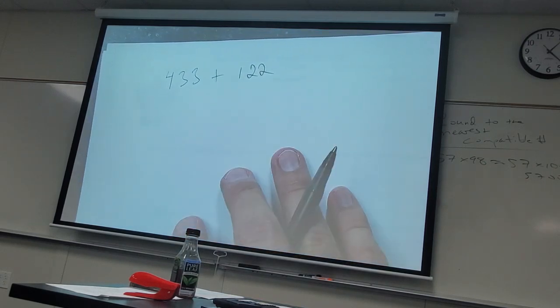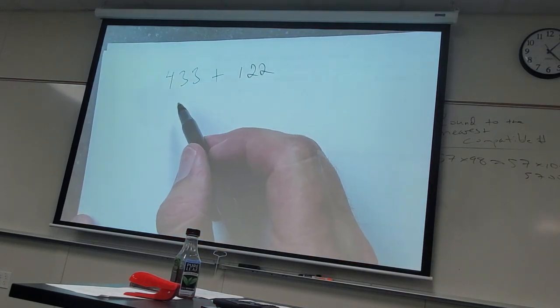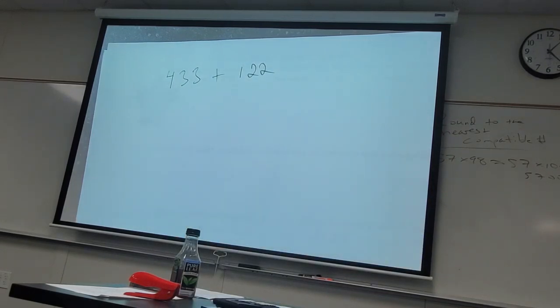What would 433 look like, of course? What would it look like using flats and longs and so forth?